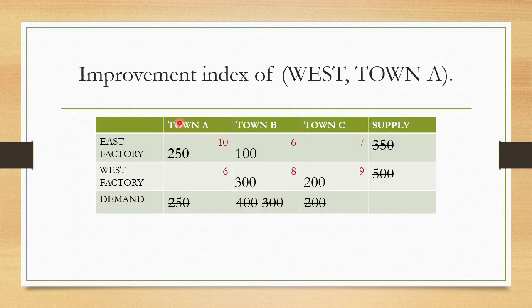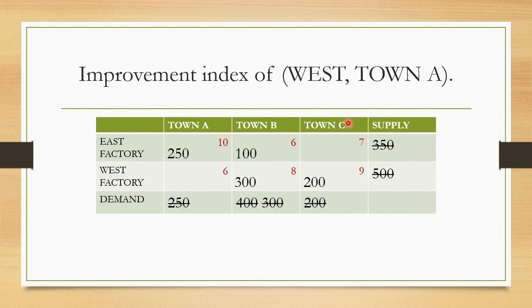From our first example, we have this transportation model, and after doing the northwest corner rule, we have the transportation cost amounting to $7,300. Now let's check if we can still lower that $7,300.